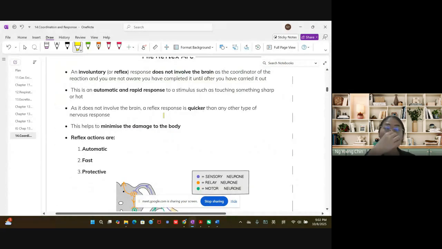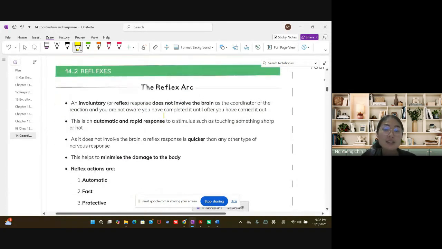Then now we talk about reflex. The reflex and the involuntary response do not involve the brain as a coordinator. Reflex, in Chinese we call it 反射, produces an automatic and rapid response toward a stimulus. It means you do not think, you just react.